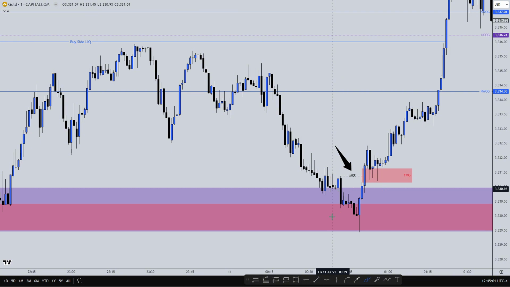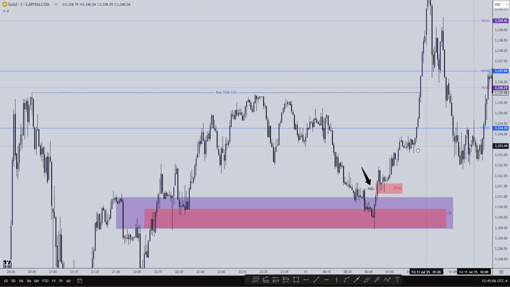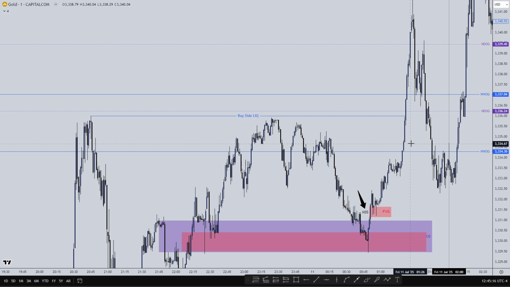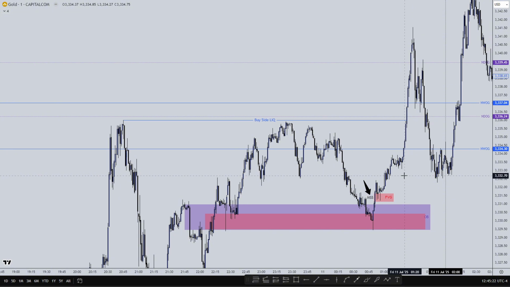And then the prices did go to the higher prices in a really strong move. And this is why I didn't trade gold in the London session, because I was expecting higher prices, and the prices did go to the higher prices before the London session.